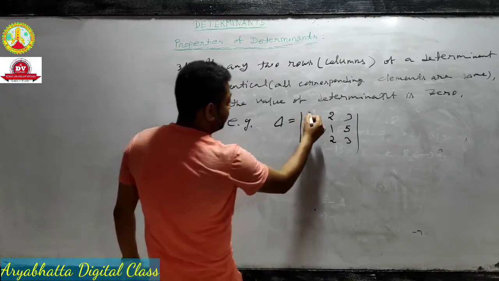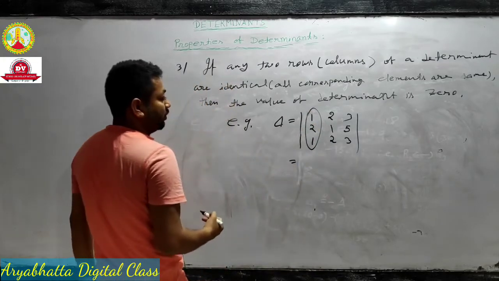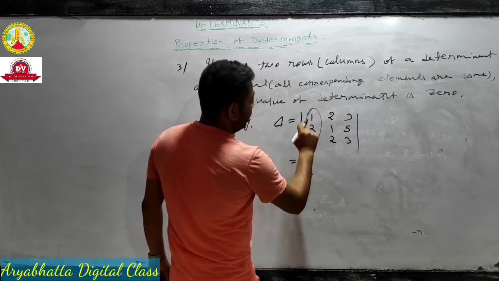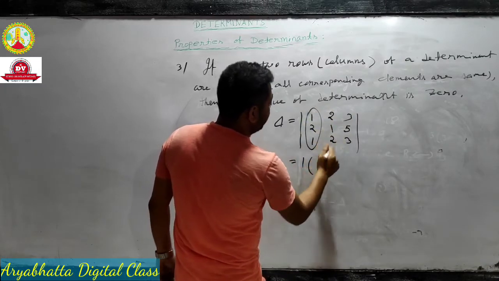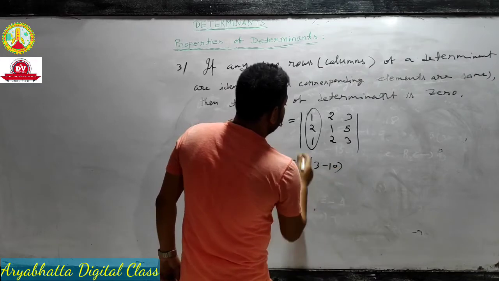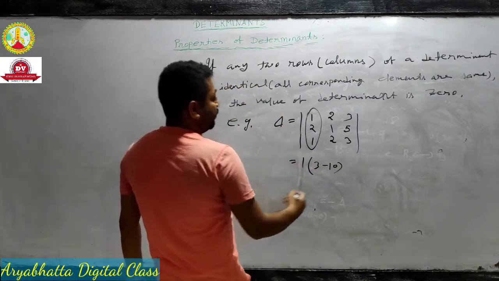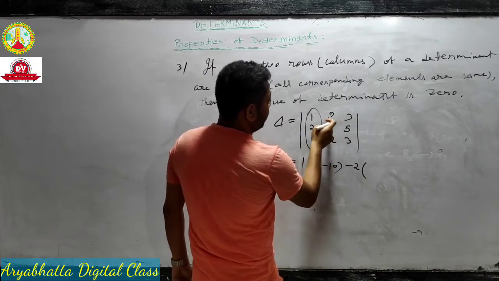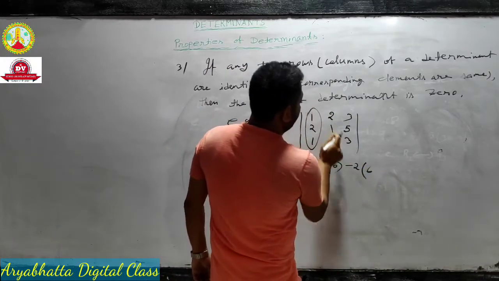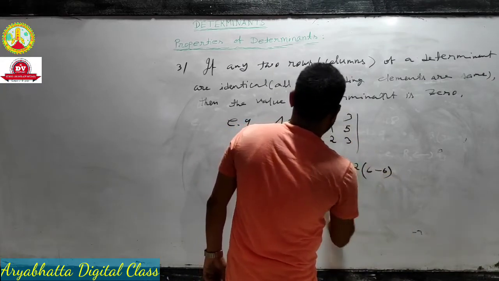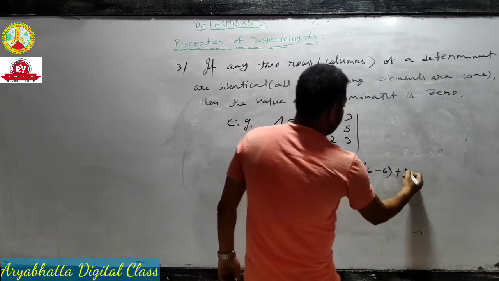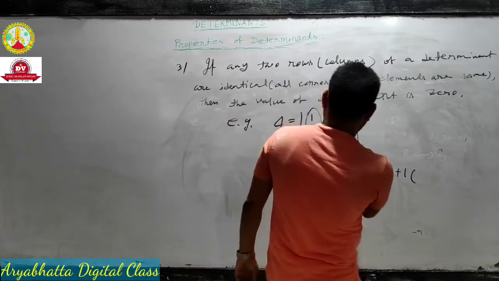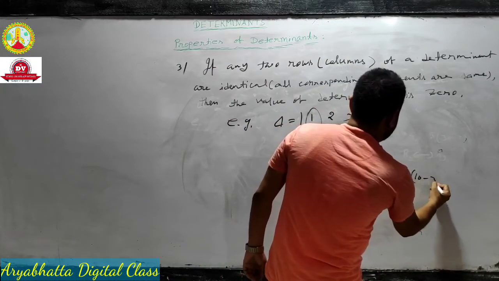Expanding by using the first column, we have 1 into (deleting this row and this column) 1 into (3 minus 15), which gives minus 12, then minus 2 into (6 minus 6) wait, expanding gives 1 into (3 minus 10), minus 2 into (6 minus 6), plus 1 into (10 minus 3).